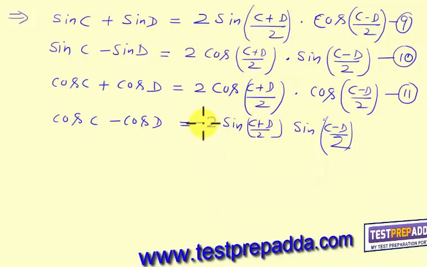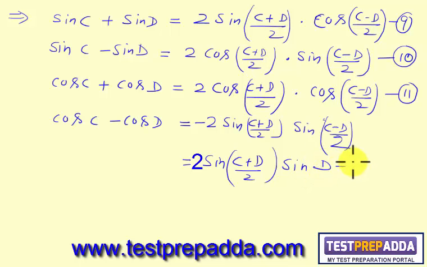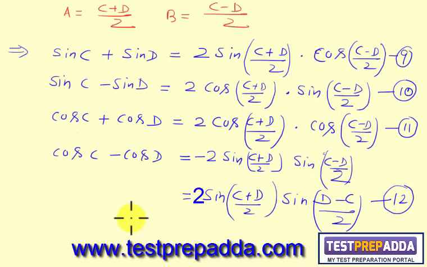Now, if I introduce this minus inside this sine, it will be sine (C plus D by 2), and here it will become sine (D minus C by 2). Consider this as 12.